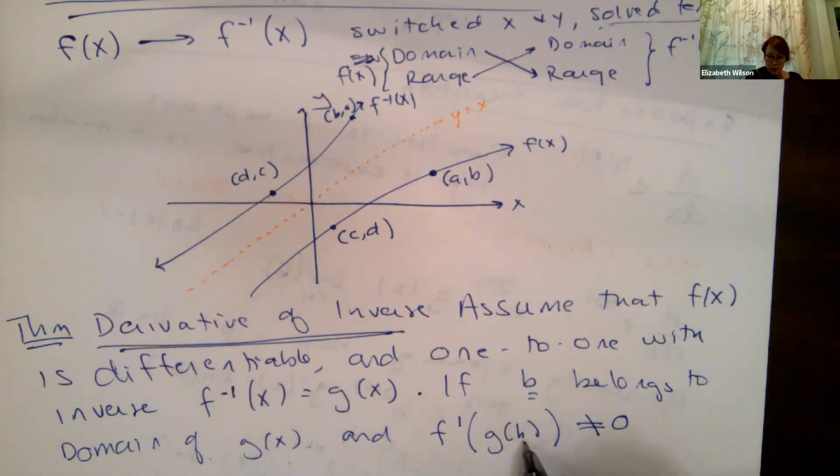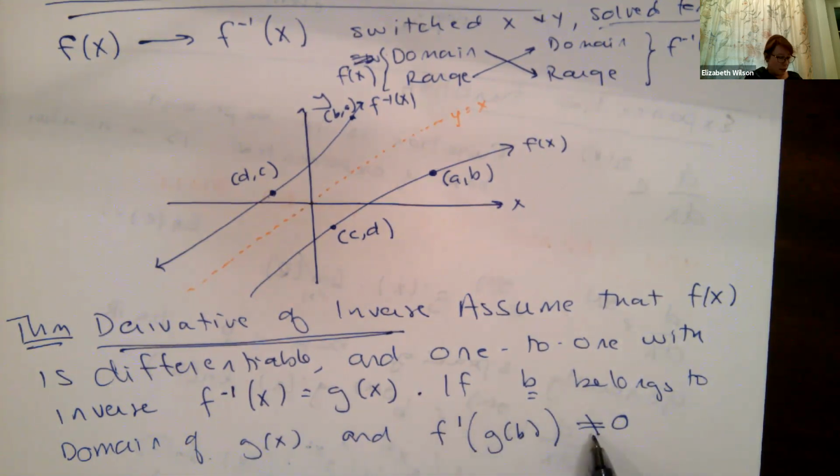This is what we're trying to do. So b belongs to the input, the domain of my g of x, which means b is in the range of my function. So b is in the domain of our inverse, and g of b is some value equal to some number, right? I can evaluate that function.